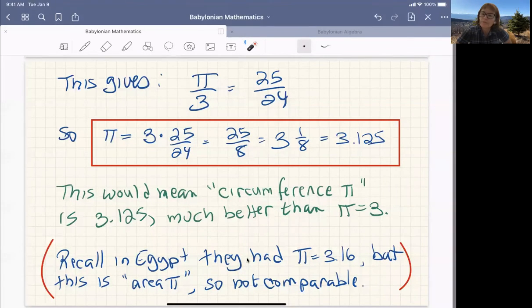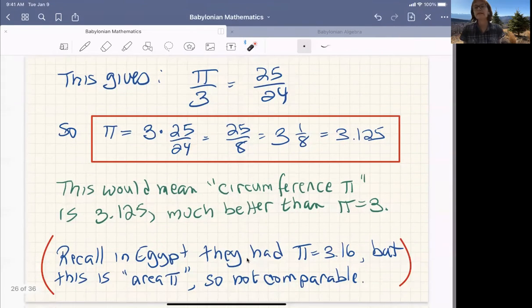So that would mean that according to the Babylonians, the so-called circumference pi is 3.125, which is a better estimate than just 3.0, since we know now that the correct ratio is 3.14. And so the 3.125 is going to be closer to the actual value.